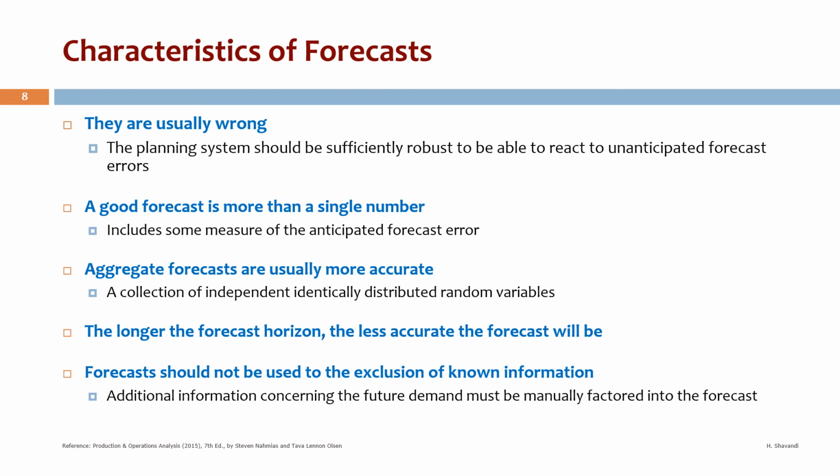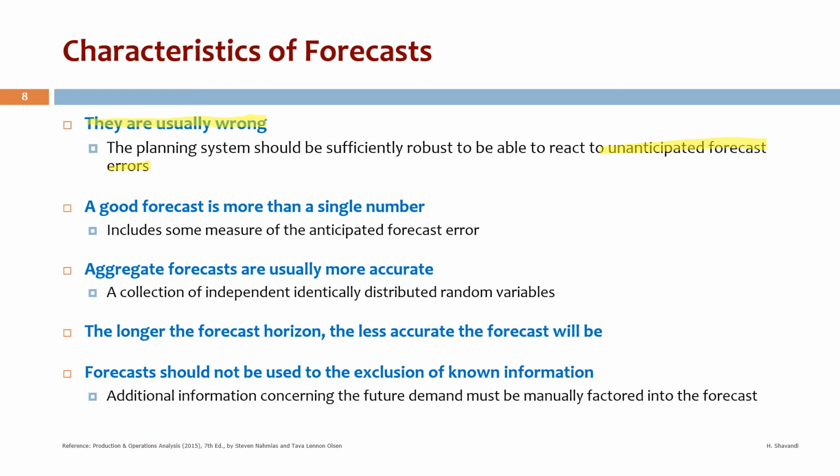Let's see what are the characteristics of forecast. The first thing is they are usually wrong. This means that we need to be prepared for any unanticipated forecast errors. So yeah, we need to have somehow a robust approach and to be prepared for any risks and any unanticipated forecast errors.